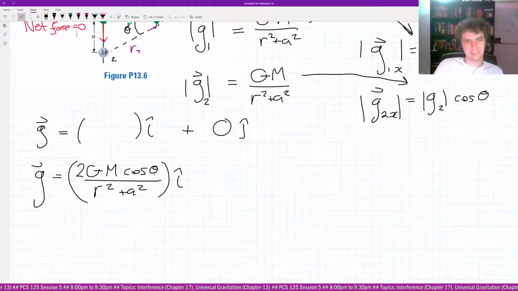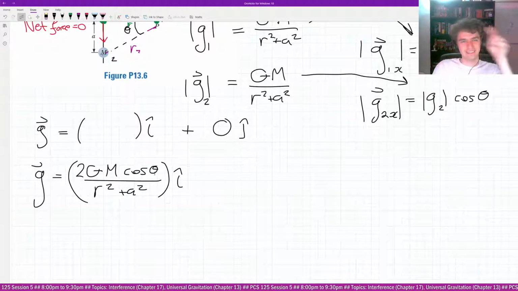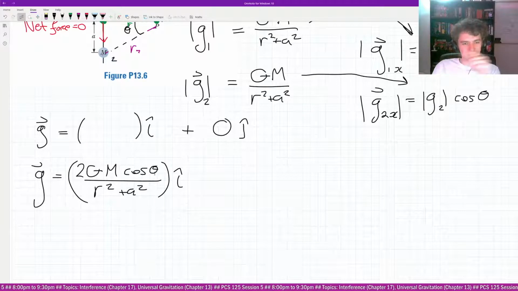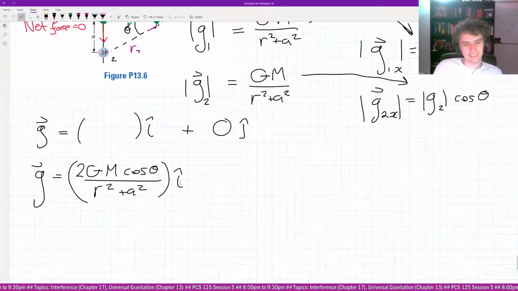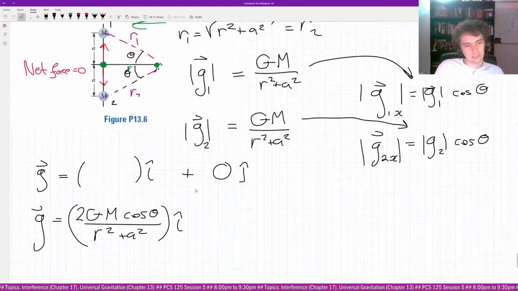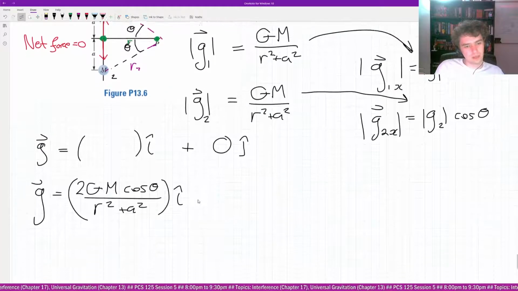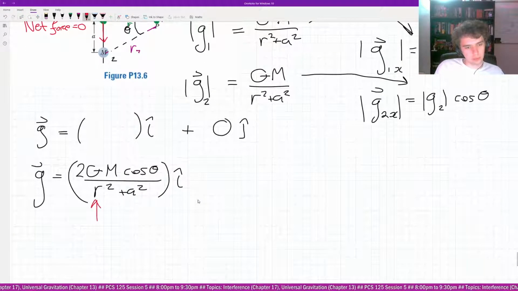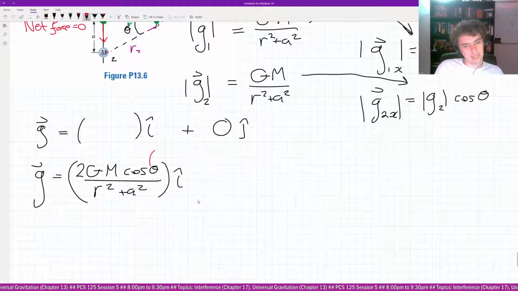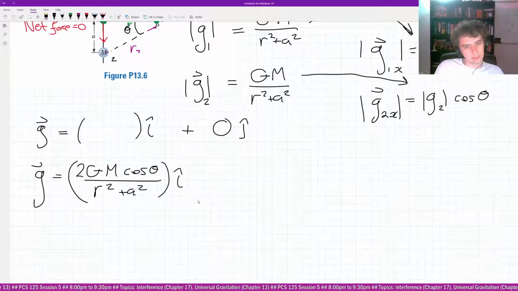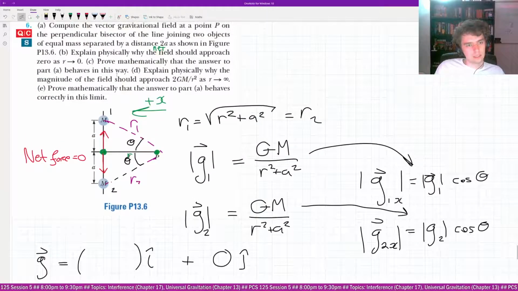Cosine goes like that, and that would be pi over 2. Yes, cosine of 90 is 0. So this would go to 0. Obviously this value here would be 0, but also this angle would turn into 90 degrees. So cosine of 90 is 0. That's for part C.